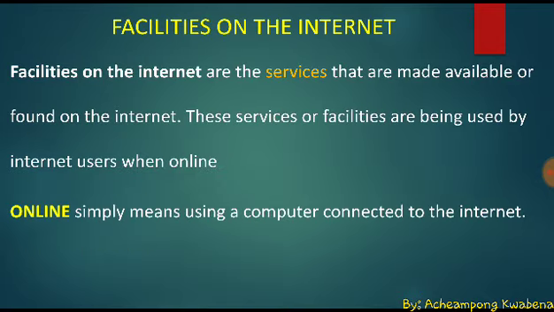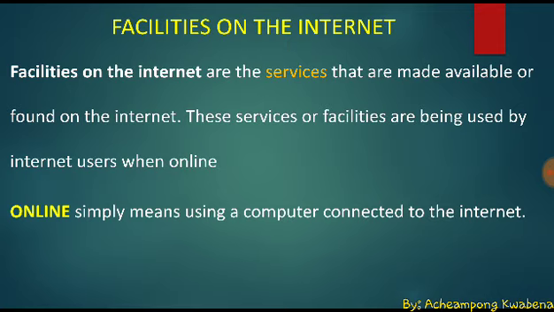When we talk of facilities on the internet, we are referring to the services that are made available or found on the internet. And these services or facilities are being used by people on the net or people who are online.